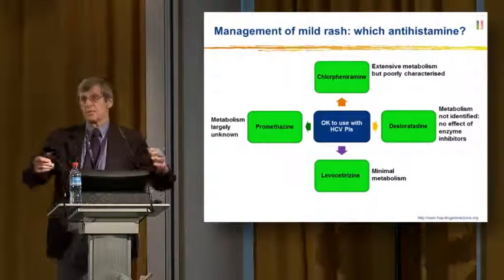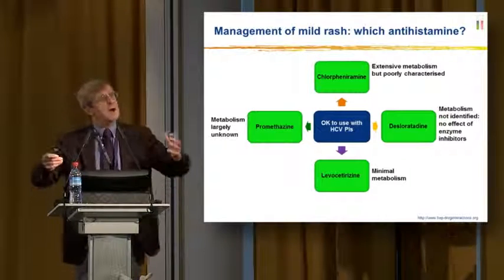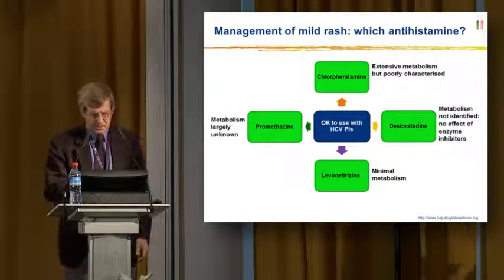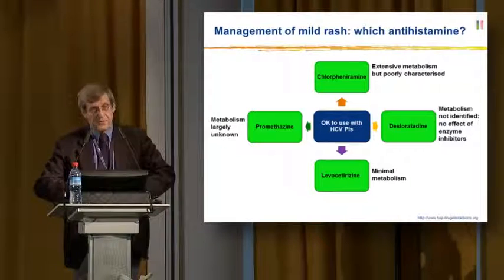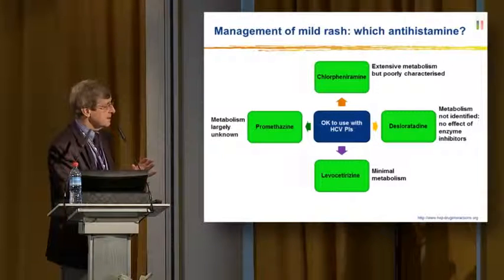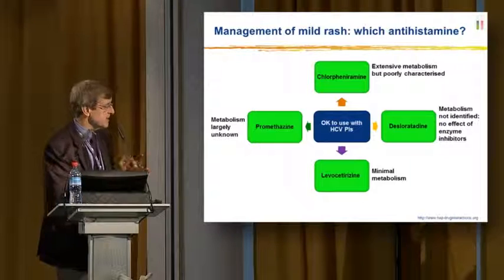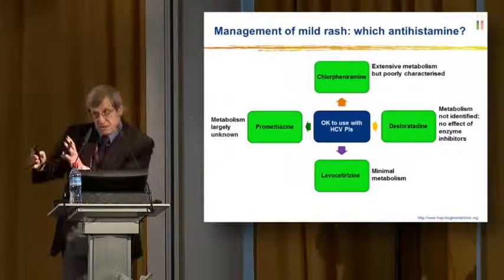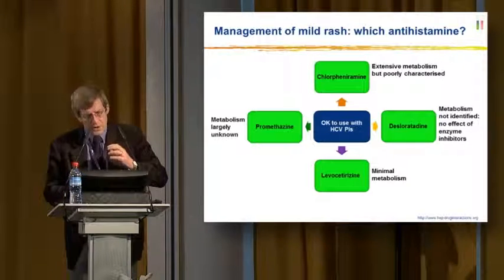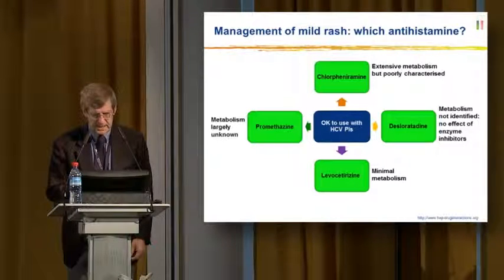What about using, if we decide, an antihistamine? Well, there are a number of antihistamines that we can use, which are green in my designation. Chlorpheniramine, desloratadine, levocetirizine, promethazine. All of these drugs are safe to use, no interaction would be expected.